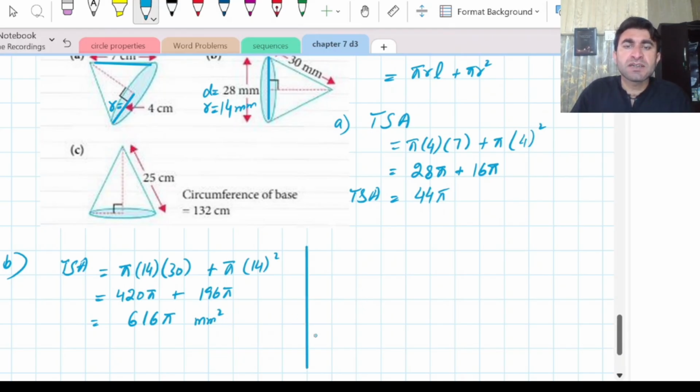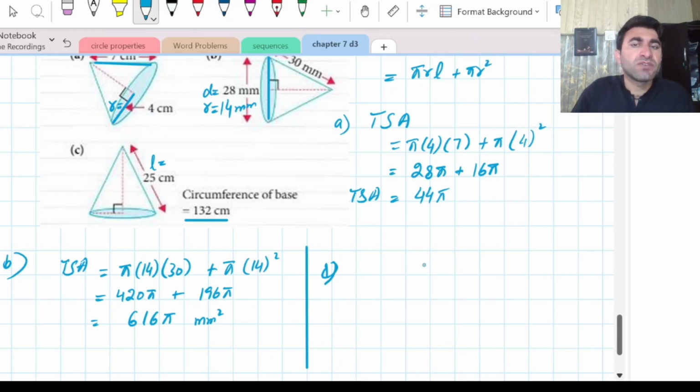Now in C part, as we see, the slant height is given, 25 centimeter, and the circumference of the base is given, 132 centimeter, but we definitely need the radius of the cone.